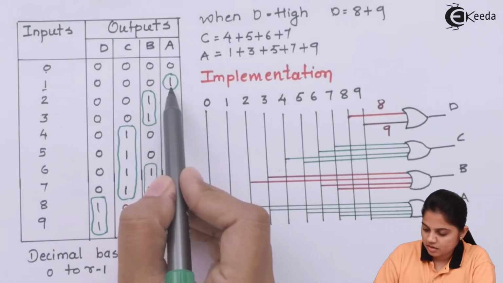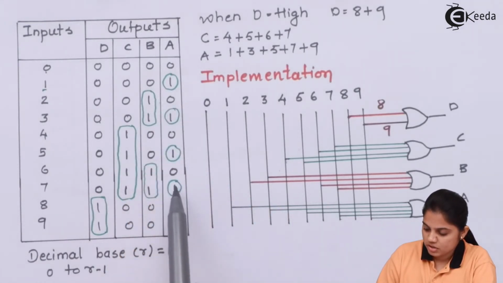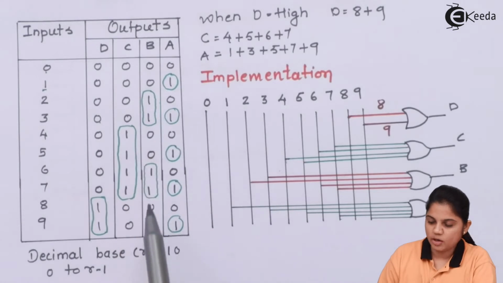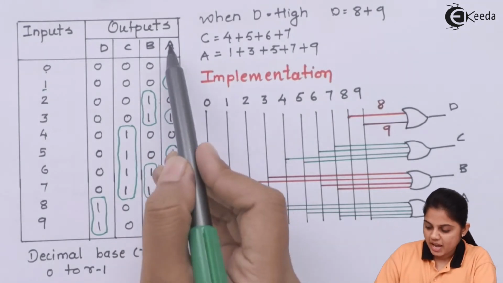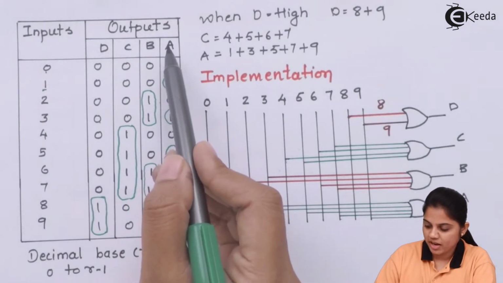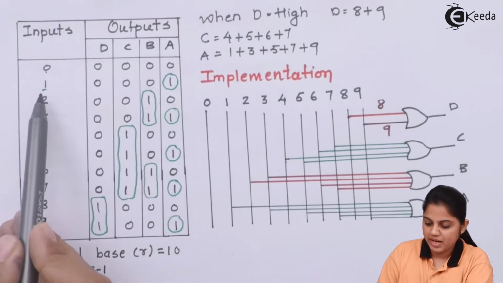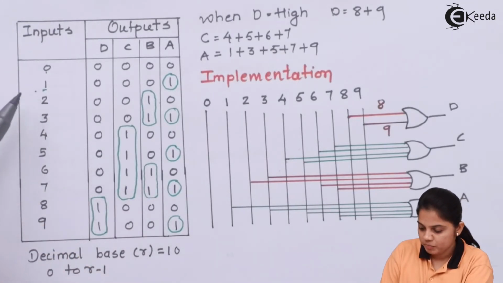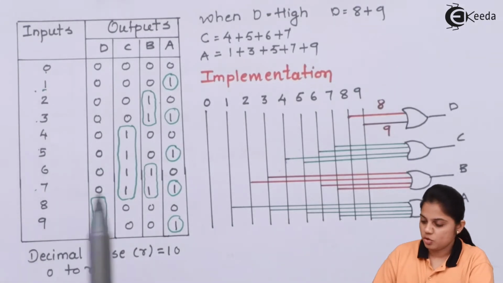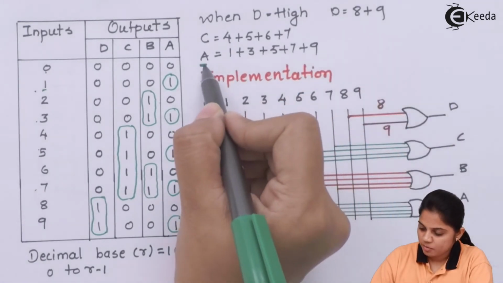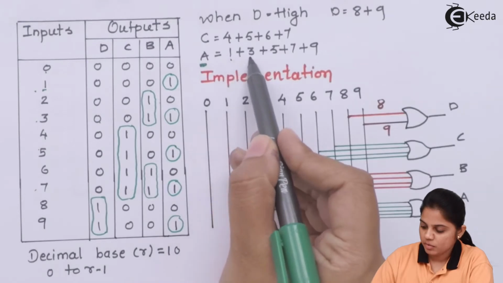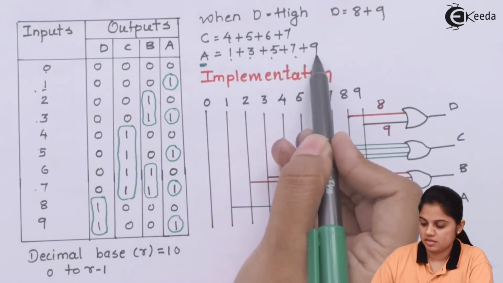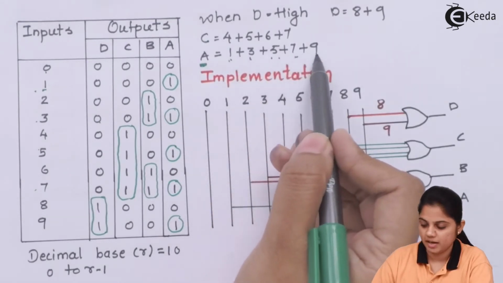So I have circled all the high values given in the A column. That means A will be high only when the switch pressed is one of 1, 3, 5, 7 or 9. So I have written that A can be high when these switches are pressed, that is 1, 3, 5, 7 and 9.